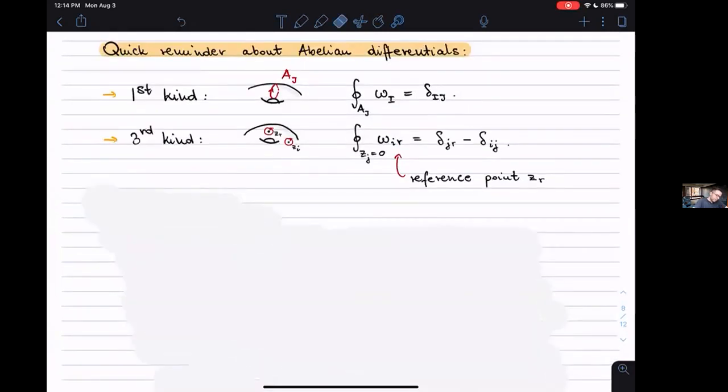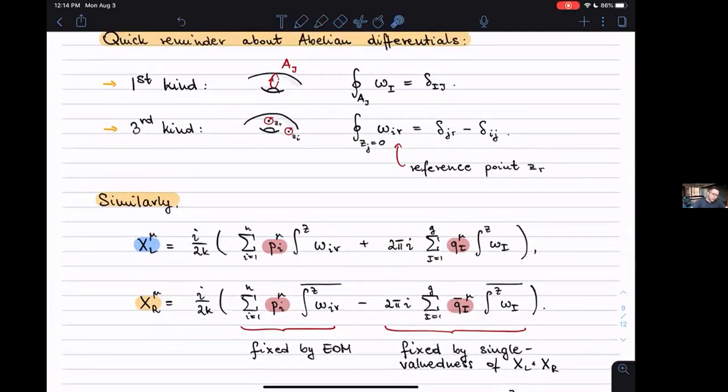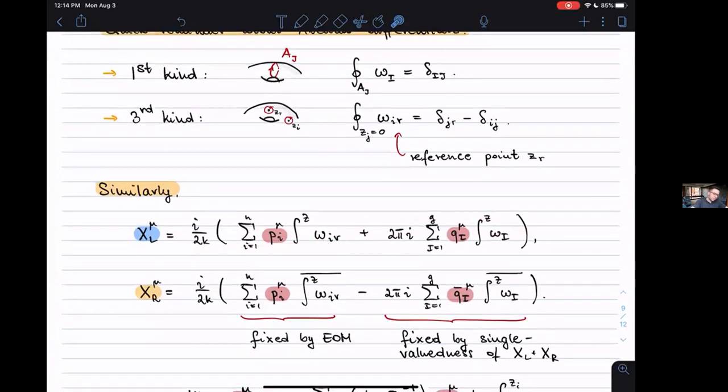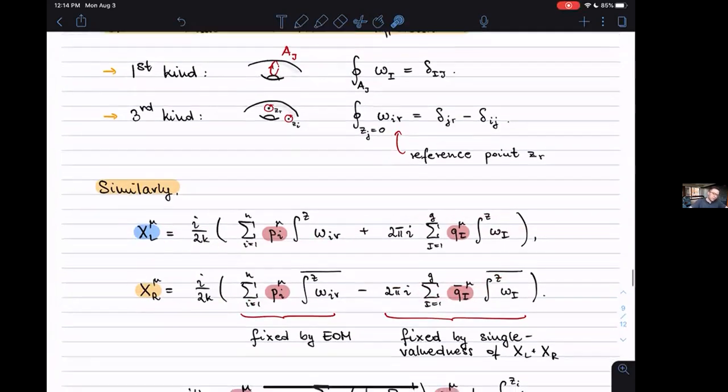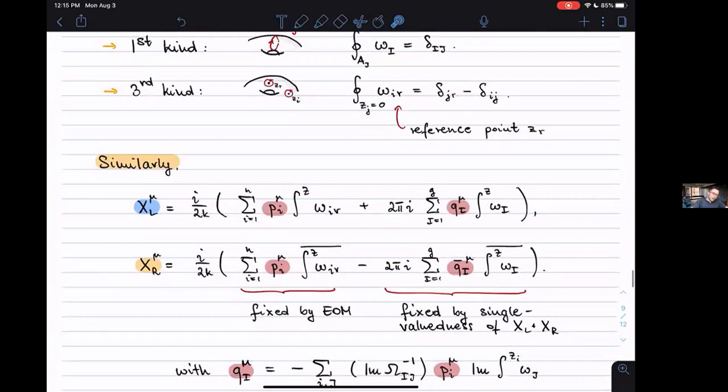Very good. So now, similarly, what we can do is keep going and expand our edge modes in a basis. First of all, this one is purely holomorphic. This one is purely antiholomorphic. And once again, we have some basis of third kind differentials and first kind differentials. And as before, these pieces are entirely fixed by equations of motion.